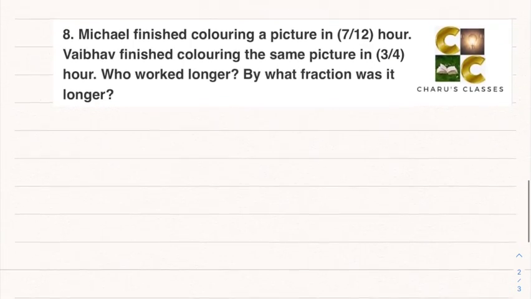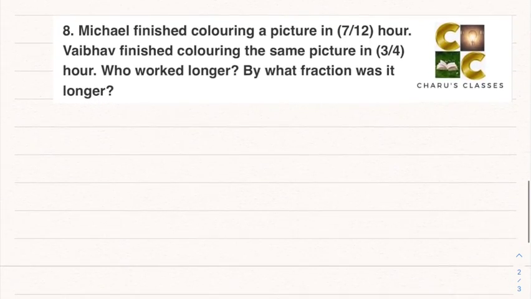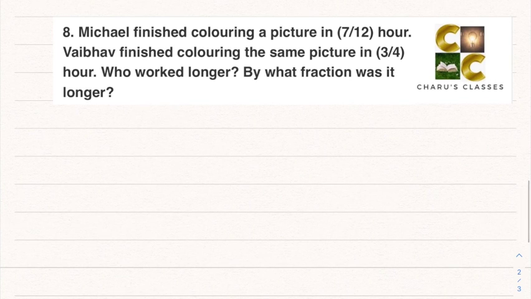Question number 8. Michael finished coloring a picture in 7/12 hour. Vaibhav finished coloring the same picture in 3/4 hour. Who worked longer and by what fraction was it longer?